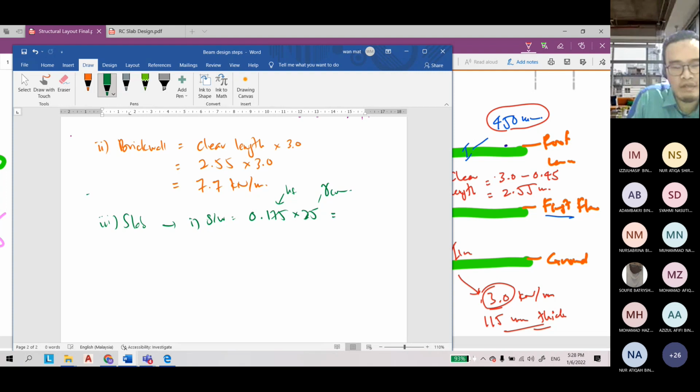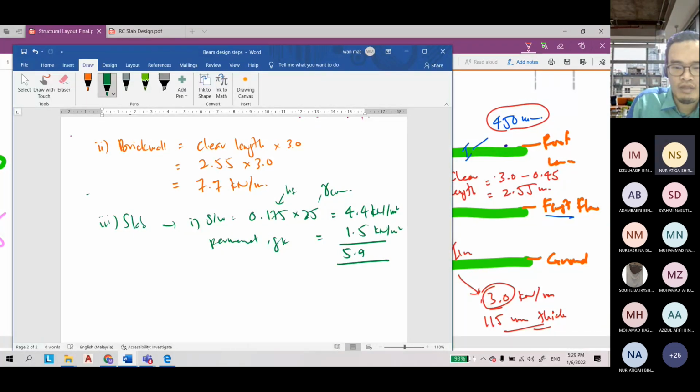So what is the value now? 4.38, let's say 4.4 kilonewton per meter square. And then the permanent load, since this is the first floor, I use 1.5 kilonewton per meter square. So what is the total? 5.9 kilonewton per meter square.